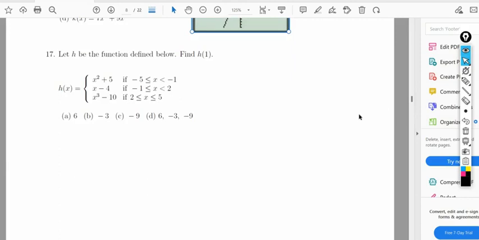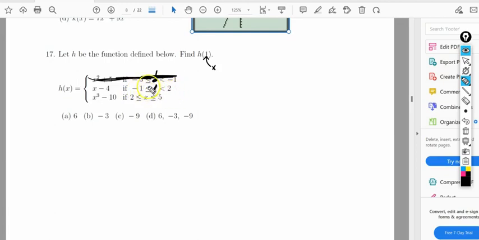All right, so let's look at number 17. It's a piecewise function and find h evaluated at 1. So that's your x value. If x is equal to 1, well, 1 is not between -5 and -1, so we're not using that formula. But if I replace x with 1 here, 1 is a number that's between -1 and +2.